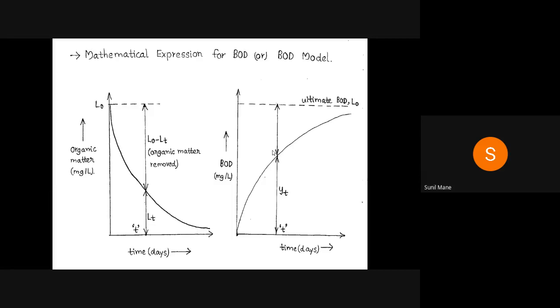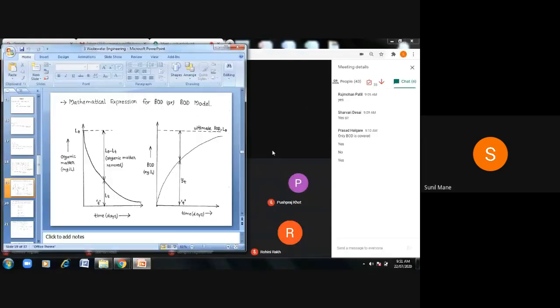That is why we are going for the mathematical model, the BOD model. Based on this understanding, we can go for further expression of the mathematical model of BOD, right?